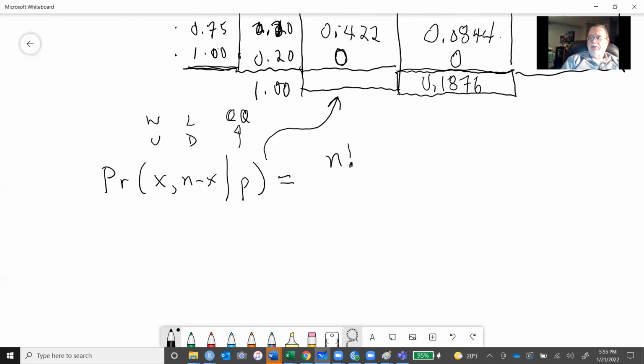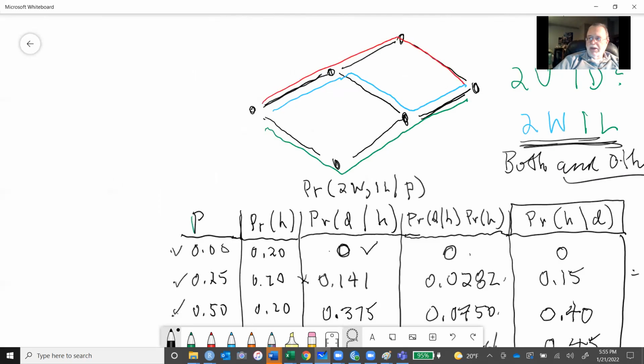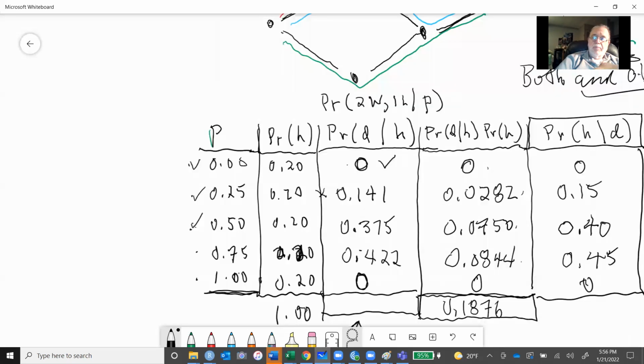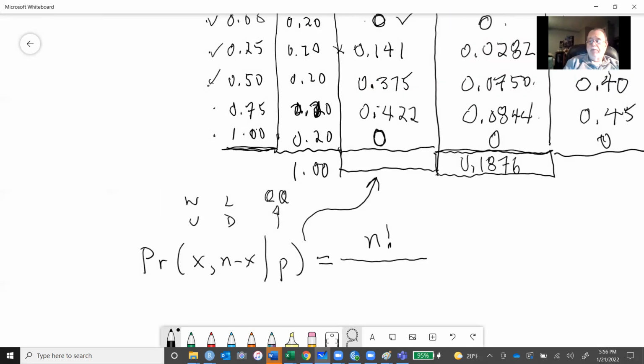N is 3. 3 tosses of the globe. 3 draws of Lucky Charms from the bag, replacing those charms back in the bag, which is the real reason why we get this lovely replicating, beautiful closed form structure. Ups and downs and ups are equivalent to downs, ups, ups. They get to the same place because it's done with replacement.